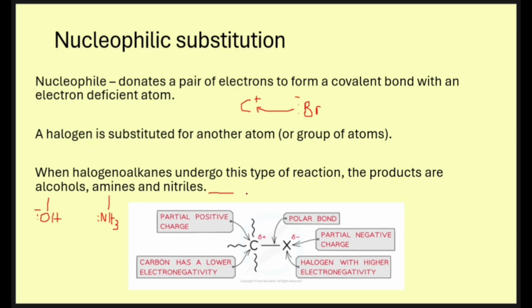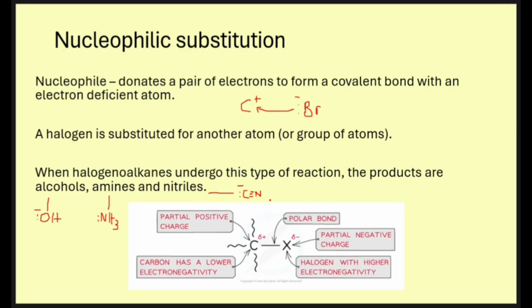And for nitriles, those have a C triple bonded to N, and that's got a lone pair here as well, and the negative ion. It looks a bit funny written this way, but we need to remember that the pair of electrons always goes on the right atom. So on this one you have to have it next to the O, on this one next to the N, and this one next to the carbon, because that's where it sits on the molecule, and we need to represent it accurately. Also where the negative charge should go.